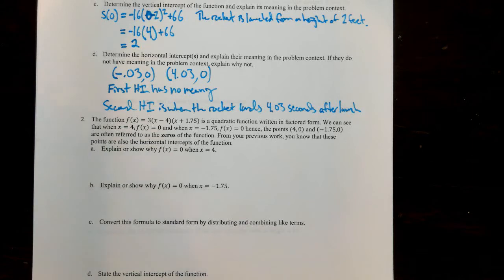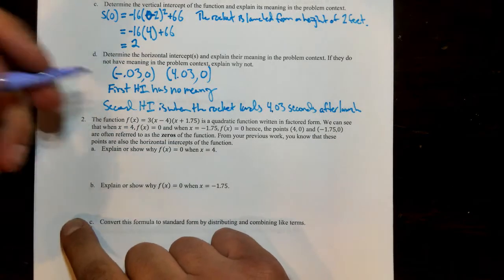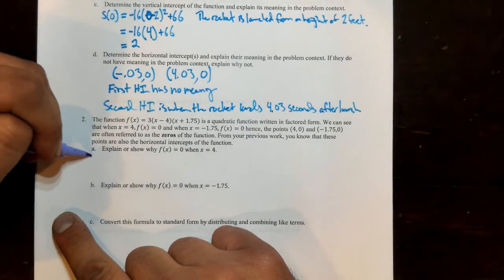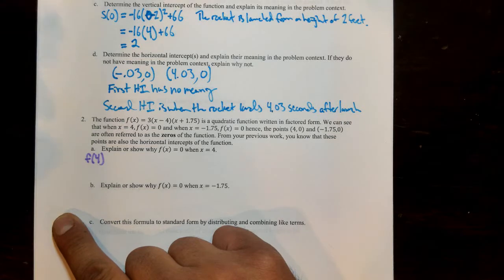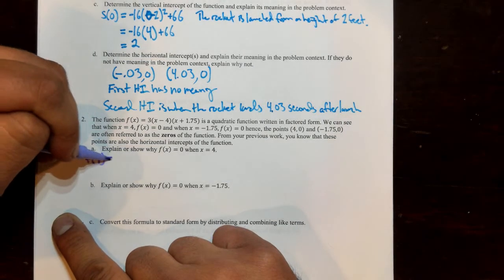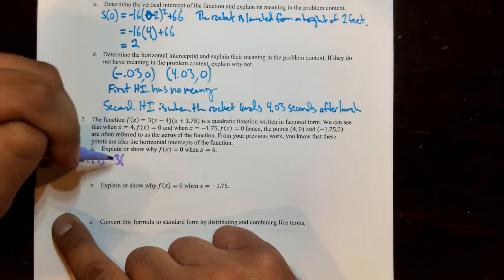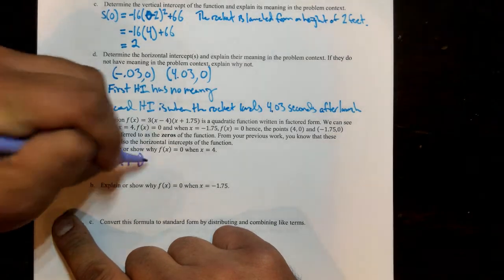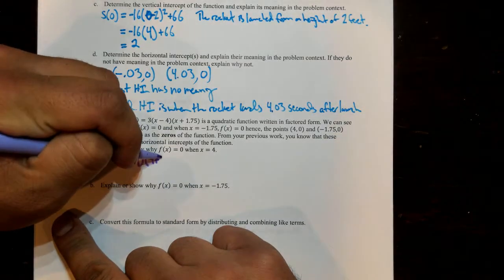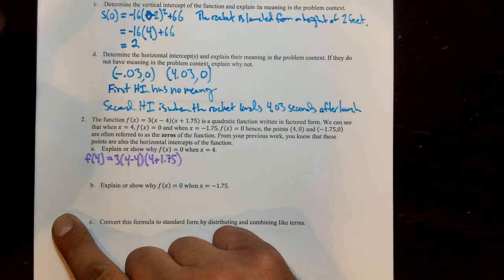Well, let's think about it. My marker here is running out, I'm going to change colors. So if we plug in 4, f of 4 is going to be equal to 3 times (4 minus 4) times (4 plus 1.75).